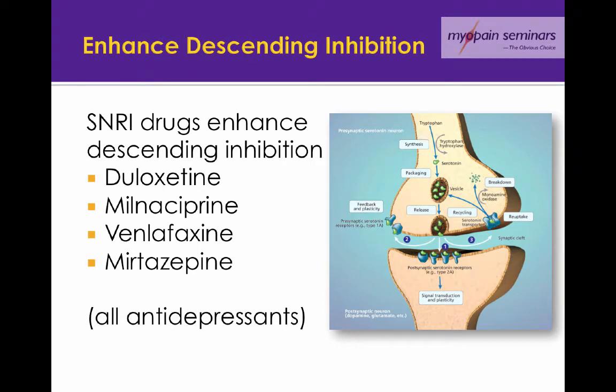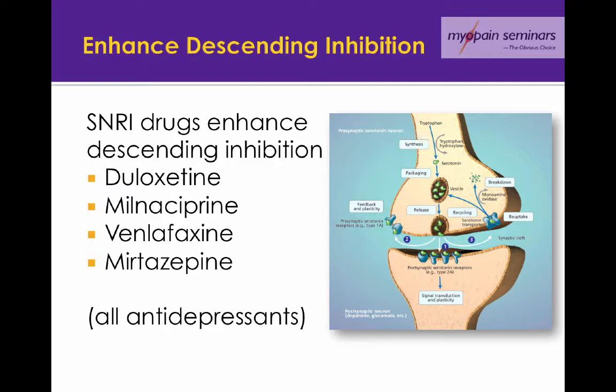Since the body does not seem to be able to correct these chemical mechanisms, the pharmaceutical industry is very interested in creating drugs that enhance descending inhibition. The drugs that are commonly used are so-called serotonin norepinephrine reuptake inhibitors, such as duloxetine, which is perhaps the best studied of the 4 drugs shown here.